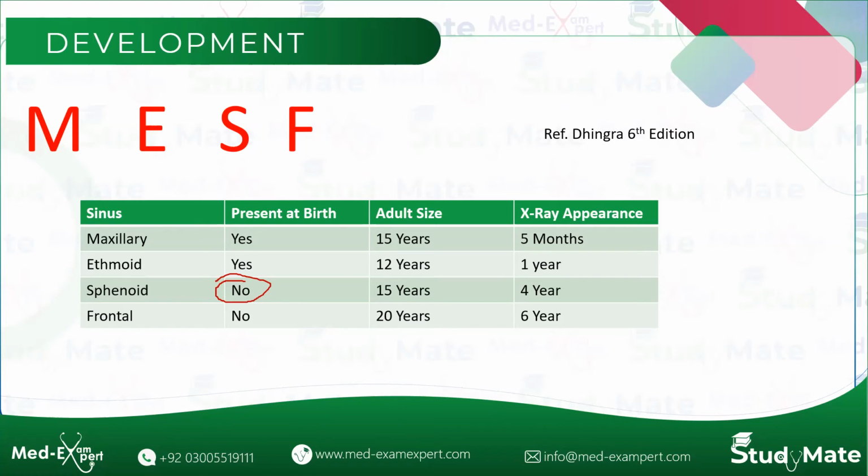So basically there is a sphenoid cavity which is present at birth, लेकिन वो न्यूमेटाइज नहीं हुई होती है, उसमें एयर सेल्स नहीं फॉर्म हुए होते. जब एयर सेल्स फॉर्म होते हैं उसके बाद जब स्फीनोइड साइनस बनते हैं तब हम उसको स्फीनोइड साइनस कहते हैं. सो स्फीनोइड साइनस इज एब्सेंट एट बर्थ बट स्फीनोइड cavity is present at birth.